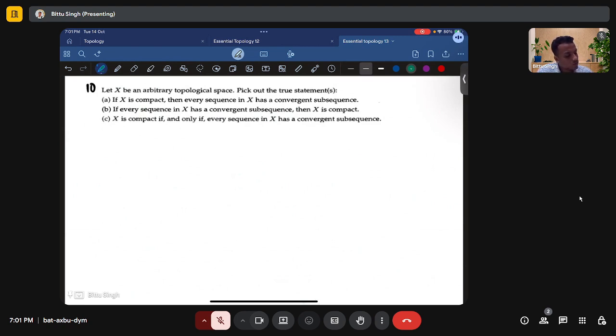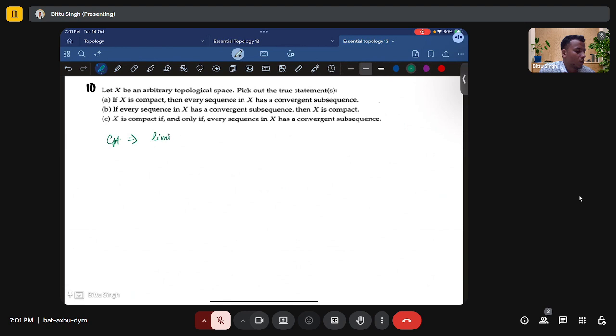X is an arbitrary topological space, then which of the following are correct? If X is compact, then every sequence... We know that earlier we have seen compactness will imply limit point compactness.